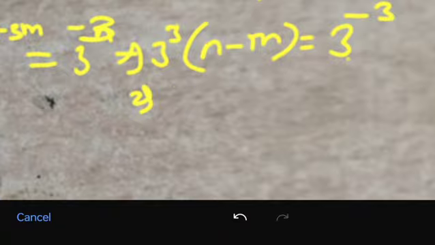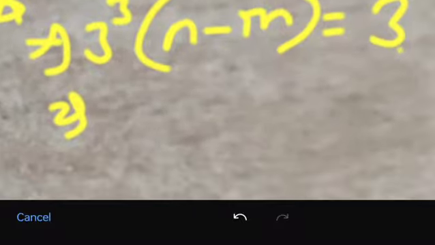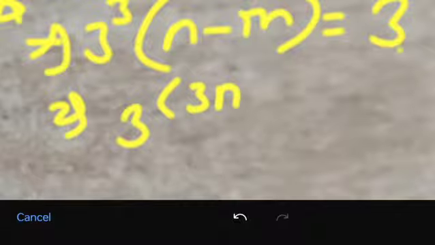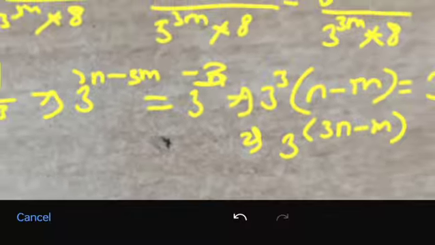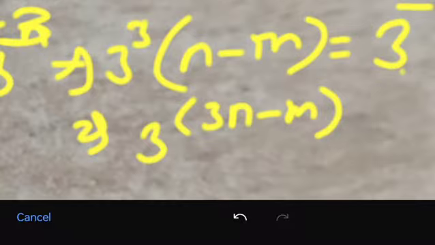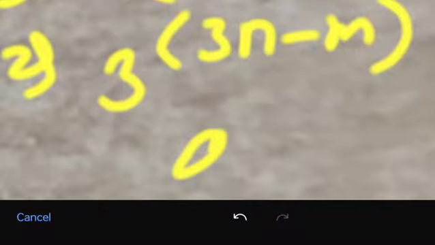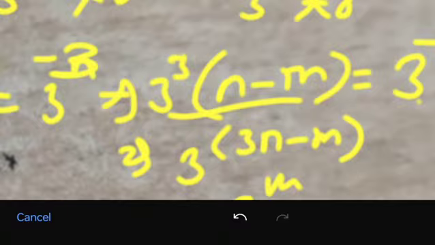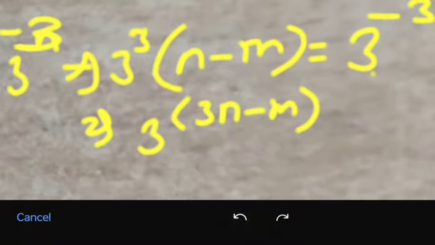So we can take 3m as common, I mean 3 raised to power 3n minus m. Well, again, one thing: this is 3 raised to the power, it is in such a way that a raised to power m, this expression I have written in this form. Do not be confused. I have just multiplied this 3 by here.